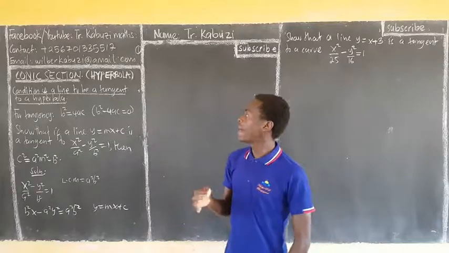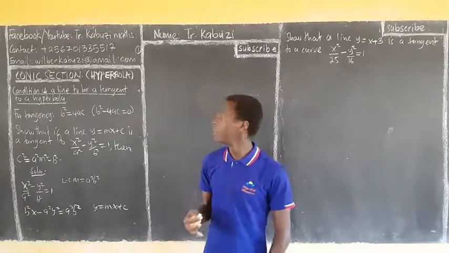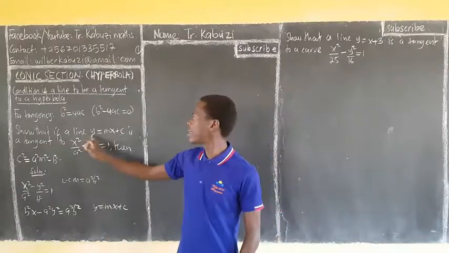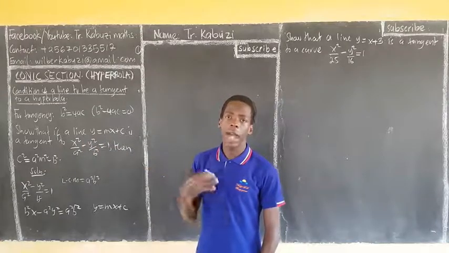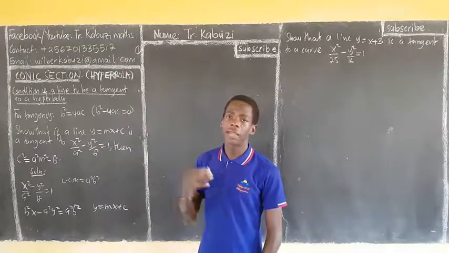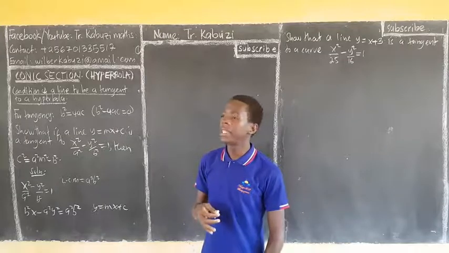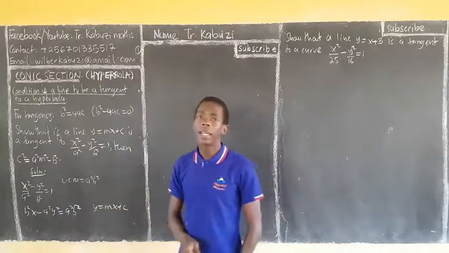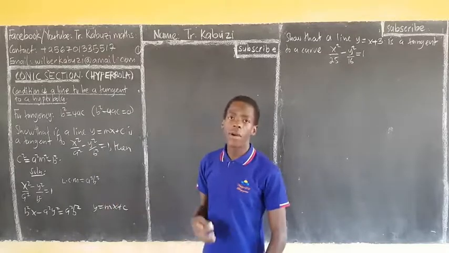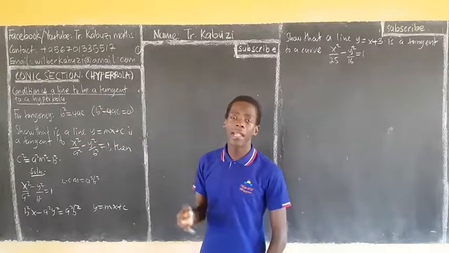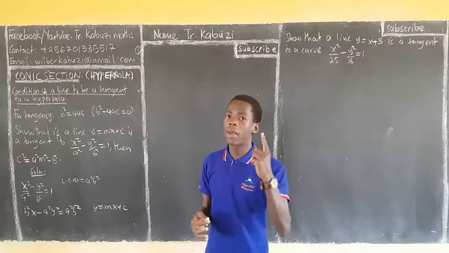Now, if we have a line, you know that the general equation of a line is given by y equals mx plus c. And the general equation of a hyperbola with the vertex at (0, 0), crossing the horizontal axis, is given by this. Now, if you want to show that it's a tangent, remember the tangent meets a curve at one point.